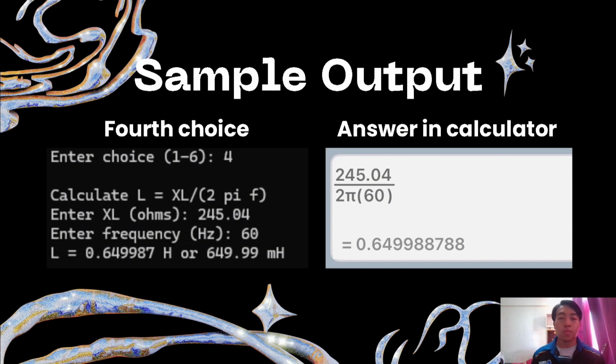For the sample output, the fourth choice, when we enter choice 1 until 6 equal to 4, is calculate the inductor, XL divided by 2 pi f.